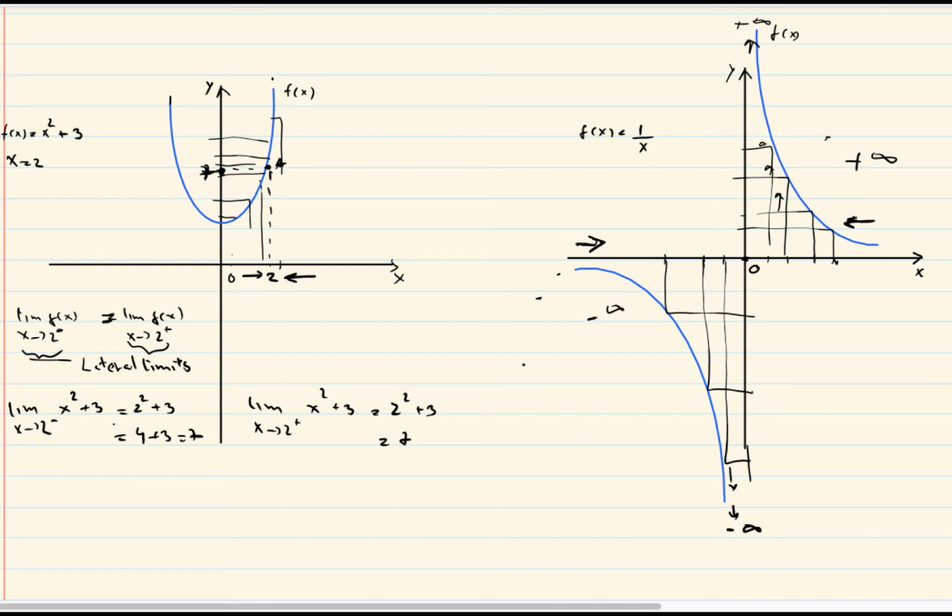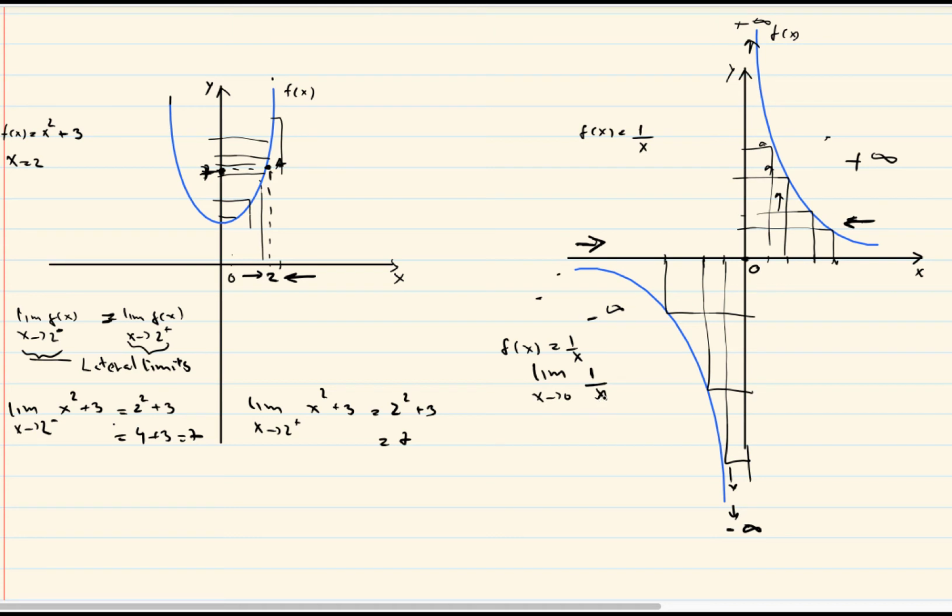So mathematically, what we have is the limit when x tends to 0 of 1 by x, because our f of x is 1 by x. We cannot do direct replacement here and expect to get a value, because we're talking about a limit. It's not like we're replacing x by 0.